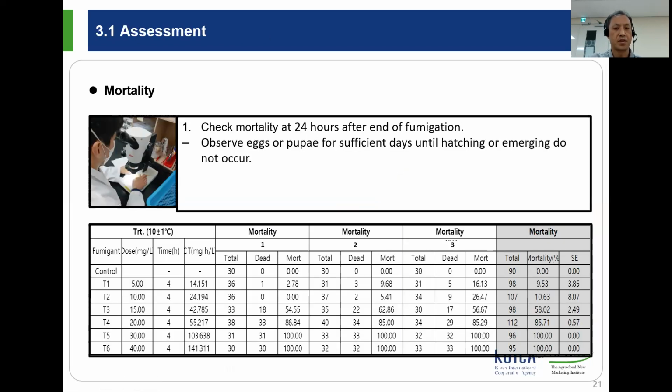This is the assessment procedure. One, check mortality at 2 to 5 hours, and from 1 day to 7 days after the end of fumigation, according to the doses. Observe or prepare for sufficient days until hatching or emerging does not occur.